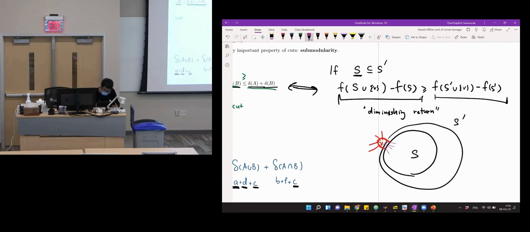But for S prime, you will decrease by this much too.